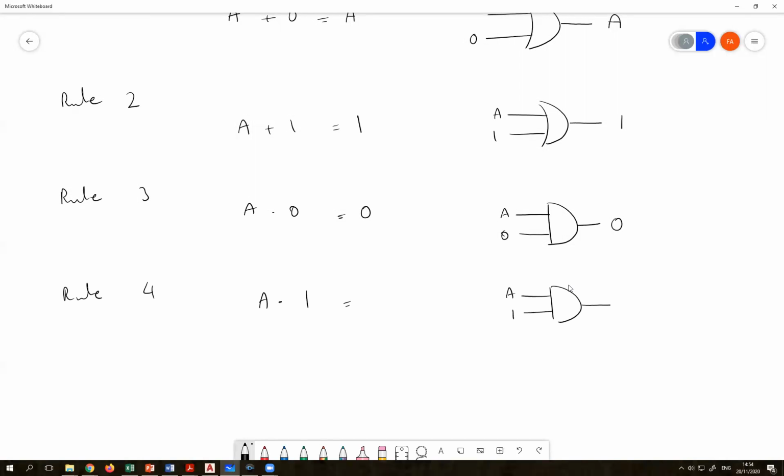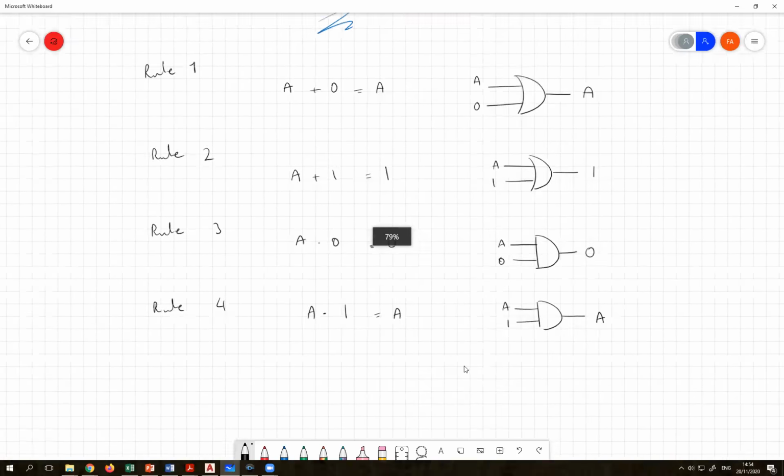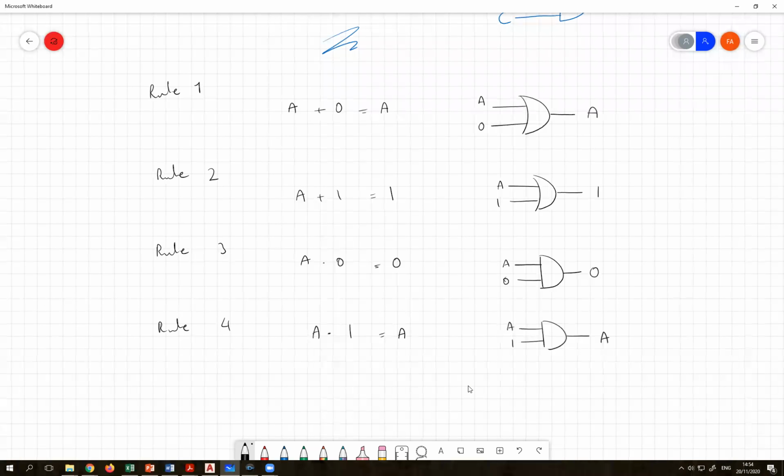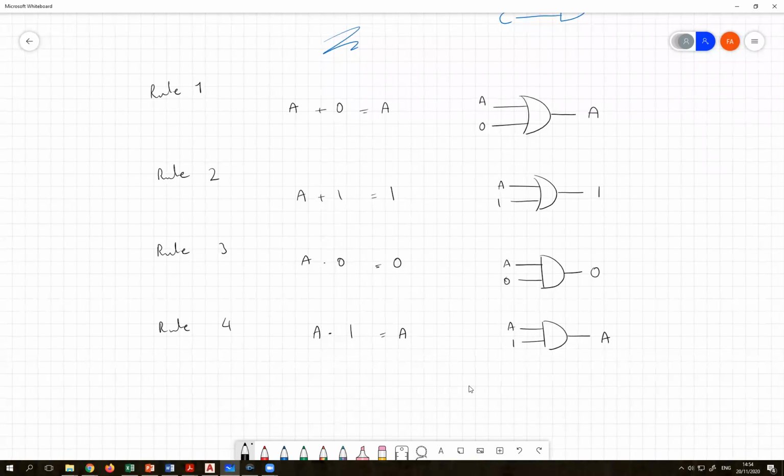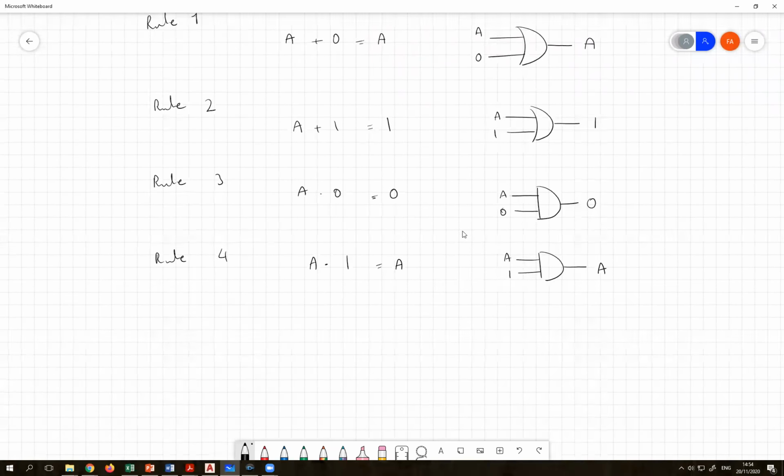So it totally depends on A. So A and 1, or 1 times A, is A. It depends on what A is. Rule 4: A and 1, B and 1, C and 1 is A, B, C respectively. Very basic and simple rules: the combination of constants 0 or 1 with an input using different gates, AND, OR.